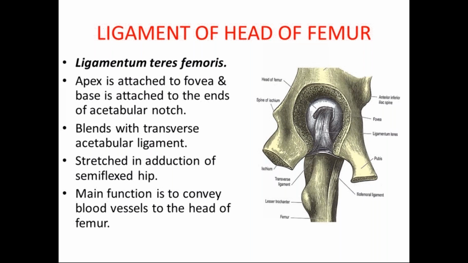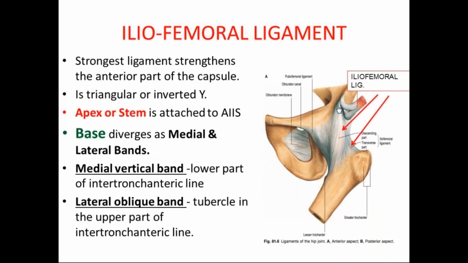The next important is the iliofemoral ligament or the ligament of Bigelow. It is placed anteriorly. It is one of the strongest ligaments of the body which prevents the trunk from falling backwards in the standing posture. It is a triangular or an inverted Y-shaped ligament.